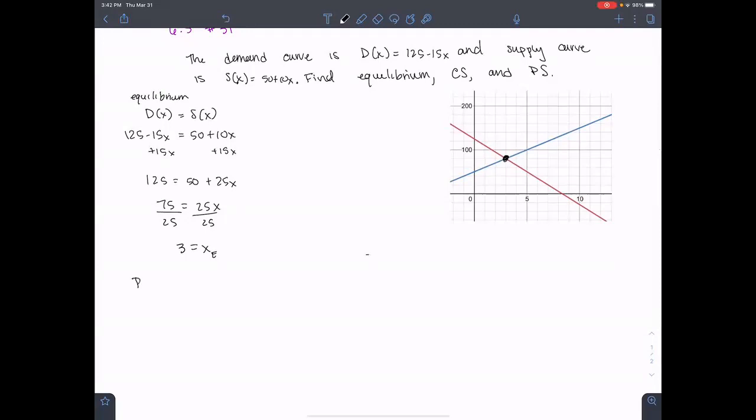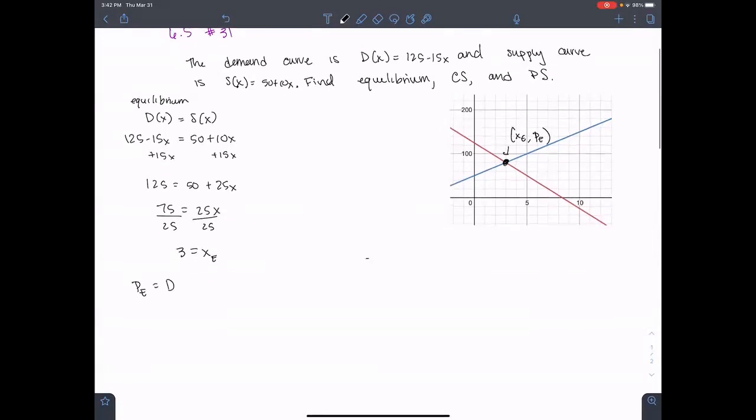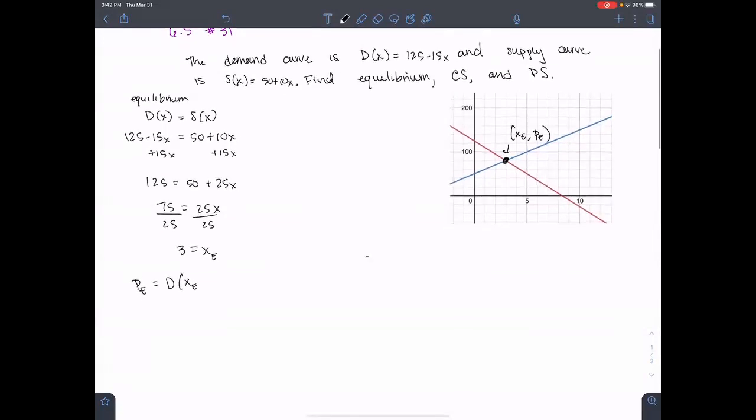And then to know what p sub e is, because this point is x sub e, p sub e, we would do either curve evaluated at x sub e. So this would be d of 3. So 125 minus 15 times 3, that is 125 minus 45, which is 80.